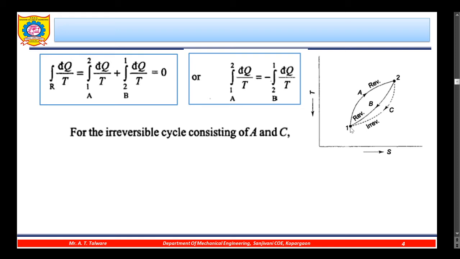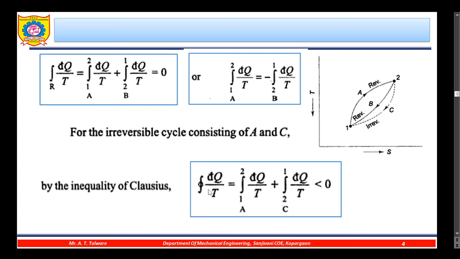Here the forward path A is reversible and the reverse path C is irreversible, so the cycle is irreversible. By the Clausius inequality, the cyclic integral of delta Q upon T is less than 0.